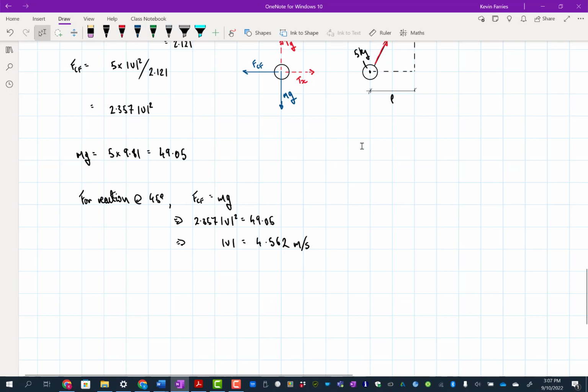So therefore, let's just write it down. The x component is equal to FCF, which is equal to the y component, which is equal to mg, which is equal to 49.05 newtons.